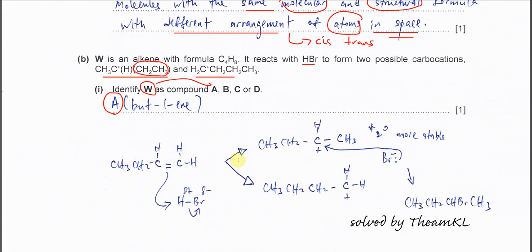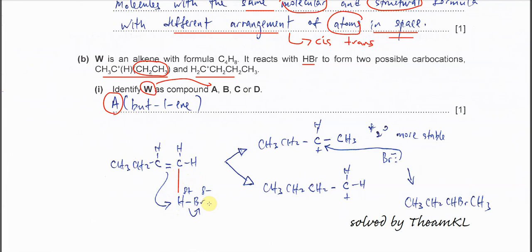And this is the reaction when the HBr reacts with but-1-ene. The hydrogen can add to this carbon or this carbon, then it will form different products. According to the Markovnikov rule, this hydrogen most likely will bond to this carbon first. Okay, the arrow must be from the double bond pointing to the hydrogen, and therefore the C-H bond will form.